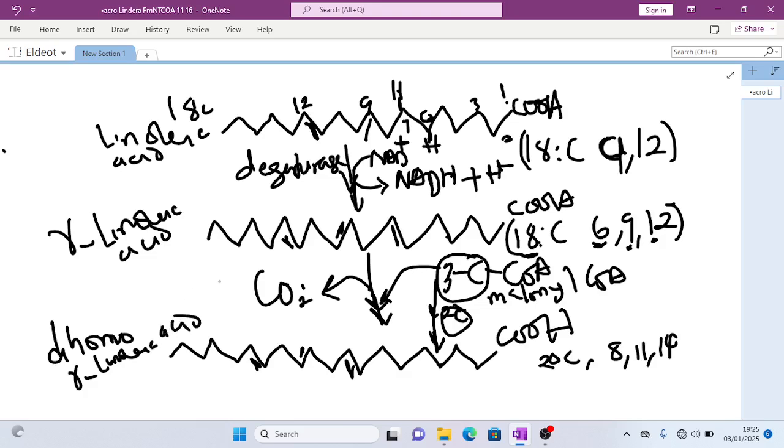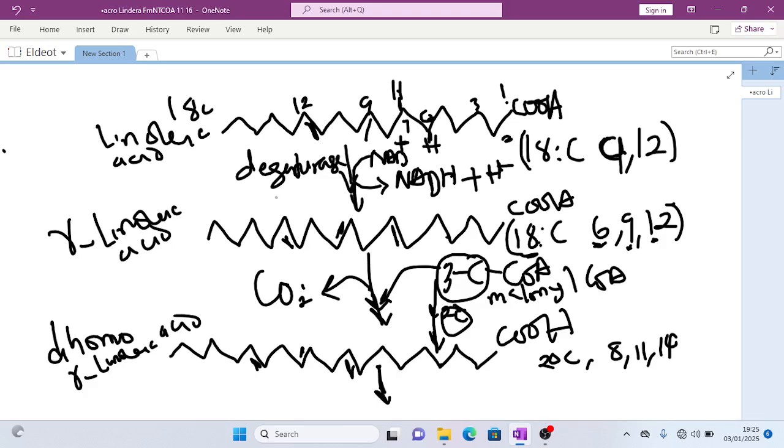This dihomogamma linoleic acid will eventually undergo desaturation on the 5th position. So on carbon 5, there's going to be a desaturation for us to get our arachidonic acid. So the enzyme catalyzing this is definitely a desaturase enzyme.